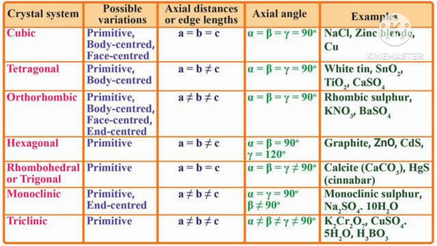Because in any crystal, only one unit will not be there. It is joined with many surrounding units. In a crystal many unit cells will be there: up, down, left, right, north, south, east, west.